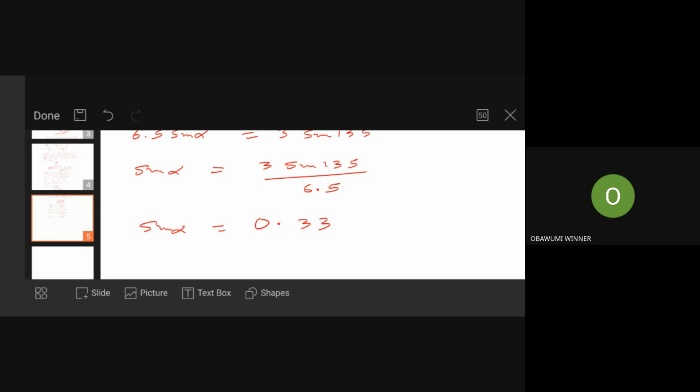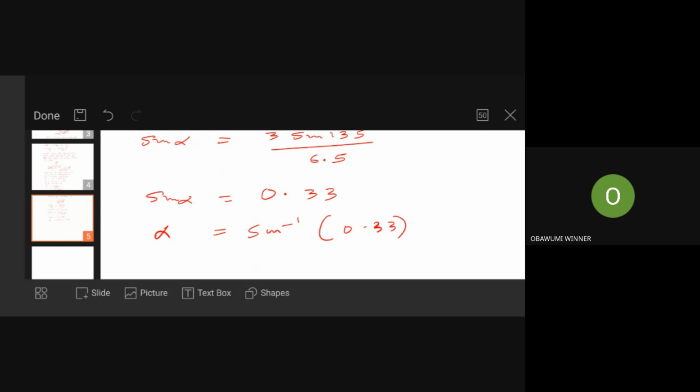Okay. So if sine alpha is 0.33, our alpha alone becomes the sine inverse of 0.33. So what is the sine inverse of 0.33?